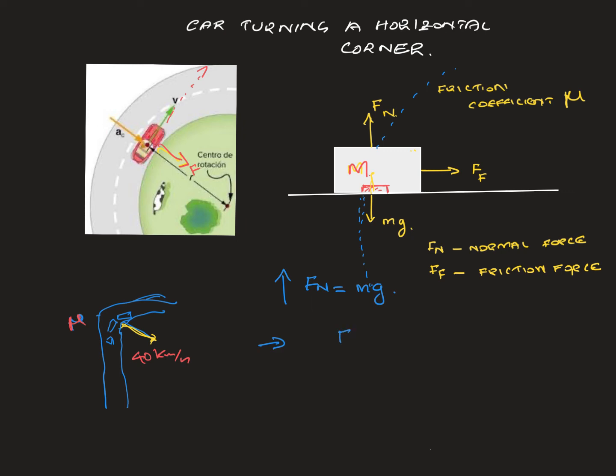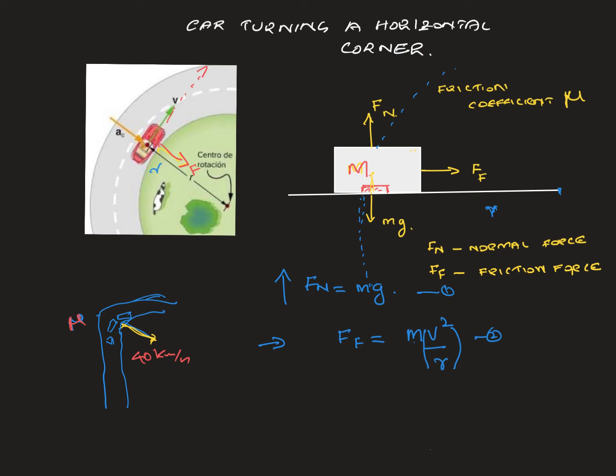That means F is equal to mv squared over r. So r is the radius of this circle. In this case, r is this one. So the friction force is mv squared over r, because v squared over r is the acceleration, and m is the mass.